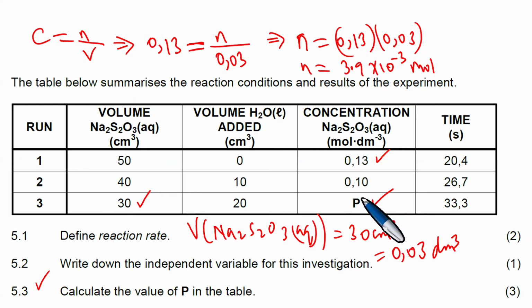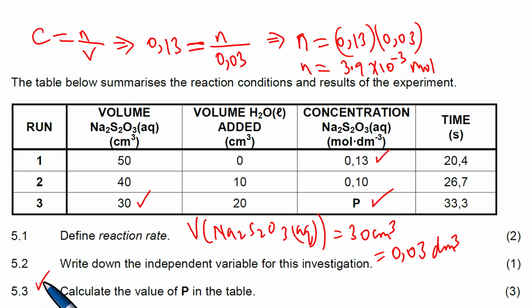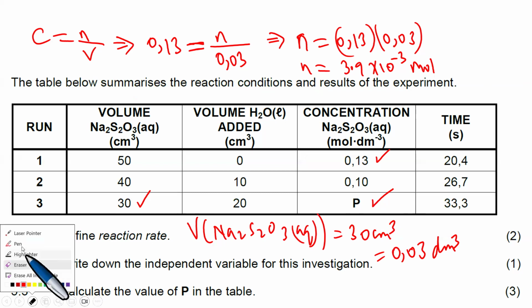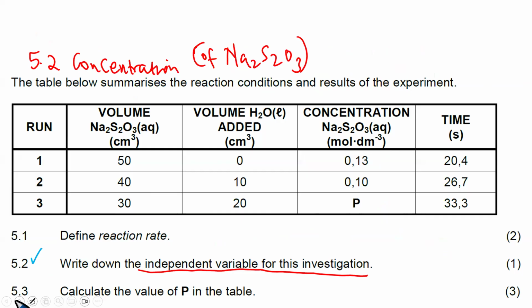I want us to use the following approach as well, something I want to show because it's much easier and a shortcut. There's another formula we use that says, for example, C1 V1 equals C2 V2.